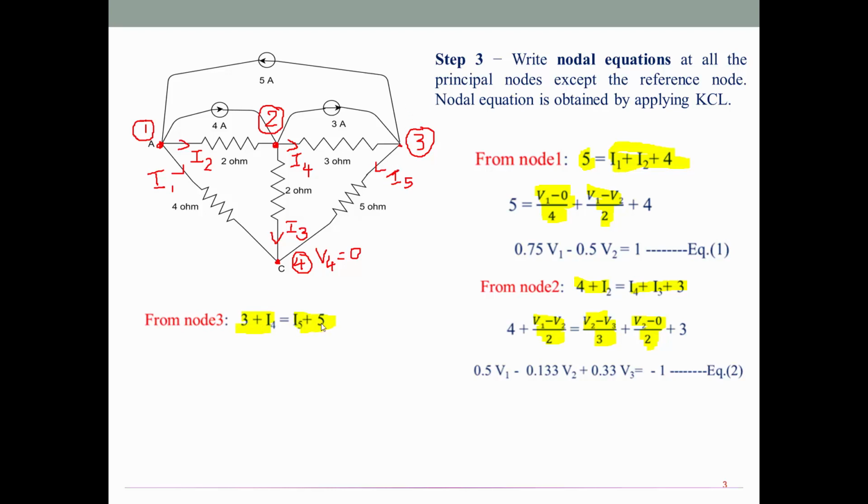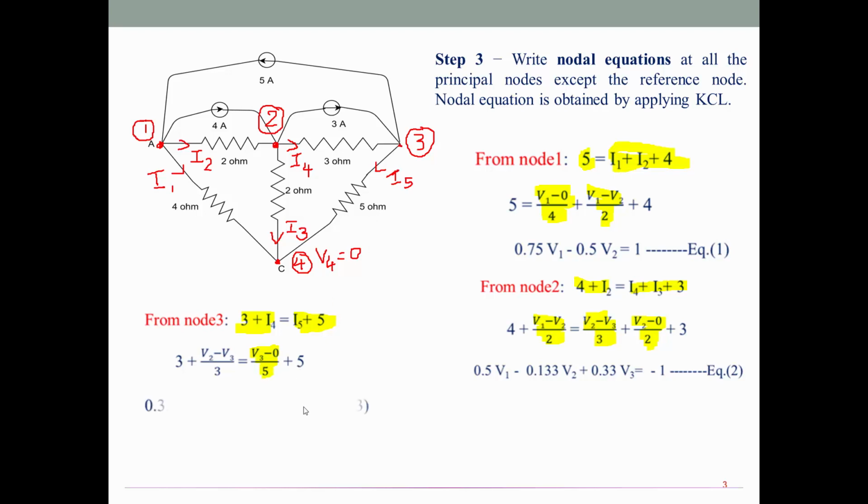Now write down I4 and I5 in terms of voltage and resistance. I4 you can copy from the previous equation number 2, that is V2 minus V3 by 3. For I5, look at the current flowing between 3 and 4. So V3 minus 0 divided by 5 ohm.